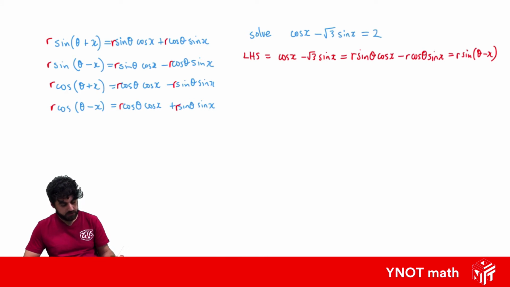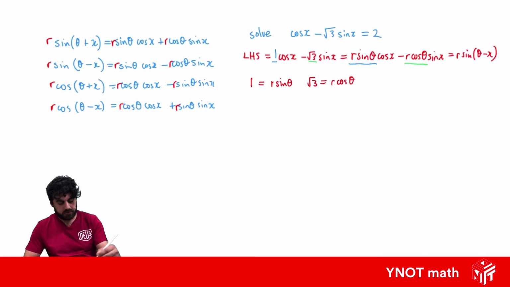So for this to be true, we need the 1 to equal r sine theta, and we need root 3 to equal r cos theta. So let's write that down. We need 1 equals r sine theta, and root 3 equals r cos theta, and we need to solve for values of r and theta.